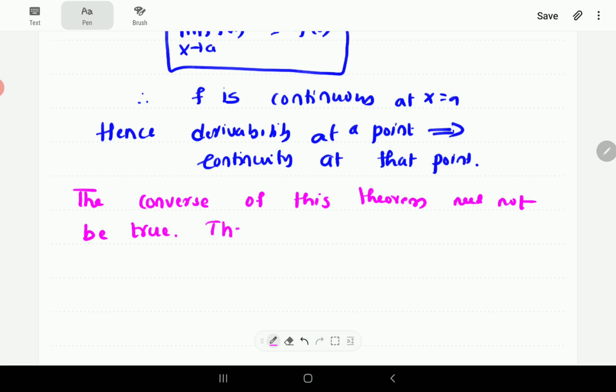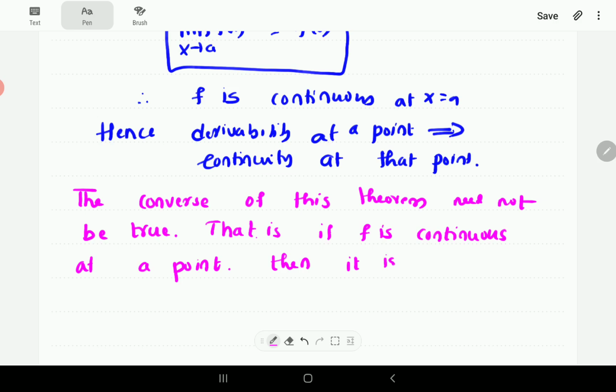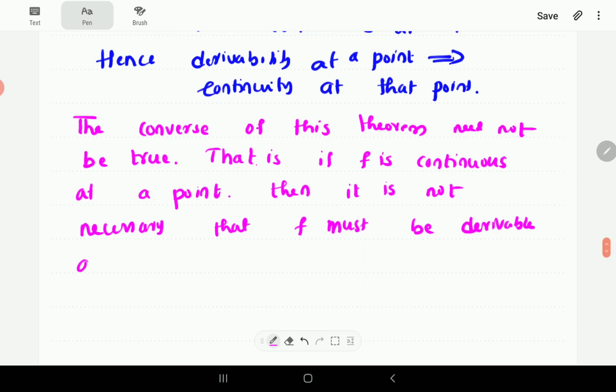That is, what do you mean by that? That is, if f is continuous at a point, then it is not necessary that f must be derivable at that point.